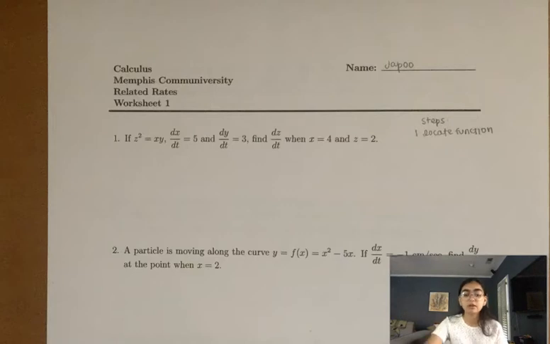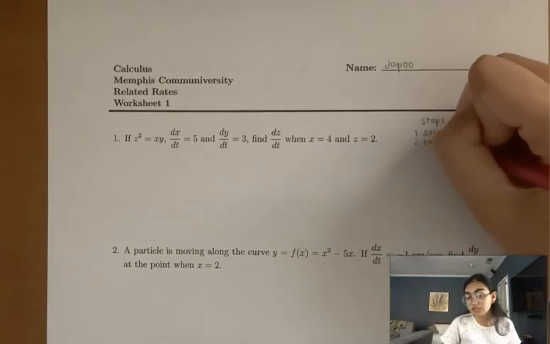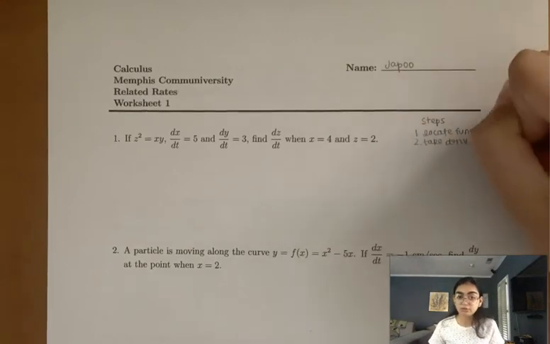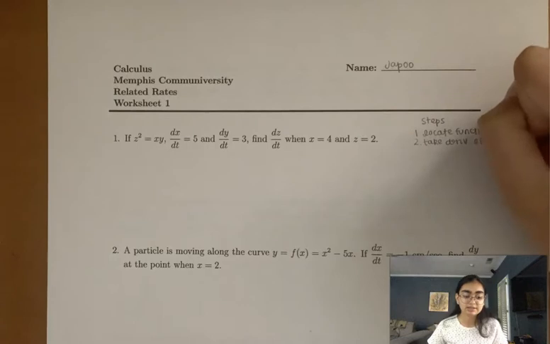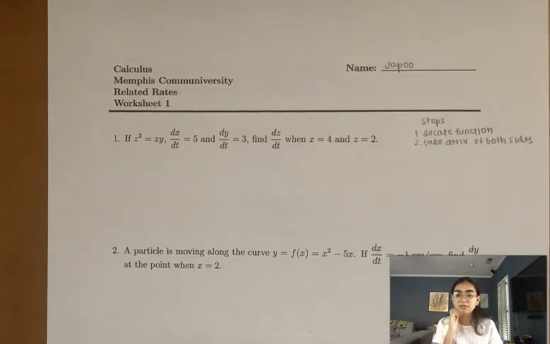After you locate the function, you're going to take the derivative of both sides, implicit differentiation. So basically, that means that every variable in your function has to have a prime or derivative, because instead of x being the variable that can just kind of disappear when you take the derivative, you actually are taking all of the derivatives with respect to t.